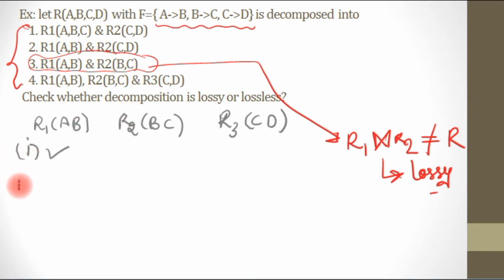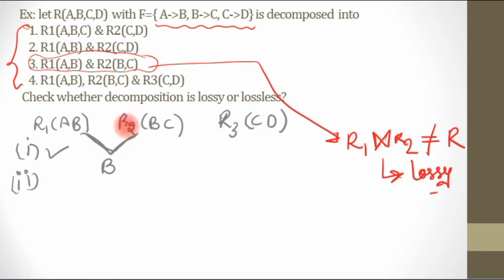Now check the second condition. In this we have to merge two relations at a time and get a single relation. So first check whether we can combine these two relations or not. For this, first check whether these two relations have a common attribute or not. Yes, we have a common attribute B.